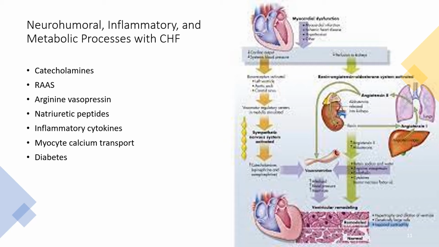Inflammatory cytokines are increased and associate with poor prognosis and further deterioration. Myocyte calcium transport in and out of the cell has been connected to decreased myocardial contractility. And diabetes leads to decreased myocardial contractility and remodeling.